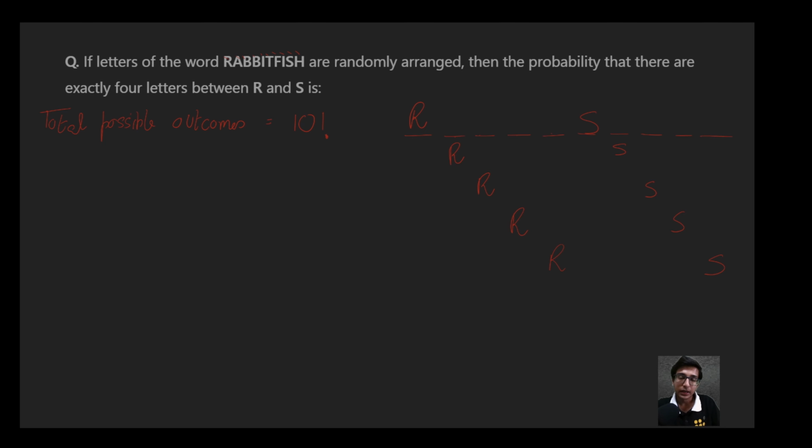Apart from this, I do not see any other case where R and S would be at a gap of 4 letters. Now, of course, I can interchange S and R as well. So it is not necessary that R would always be in the first part and S would be in the second. I can interchange those as well. So, how can I write my favorable outcomes from here?